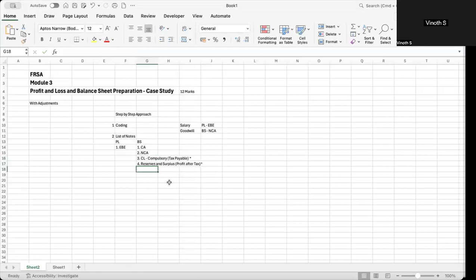That tells me which notes I'm going to prepare for the P&L and which for the balance sheet. I also use one more small technique so I don't miss a single item.